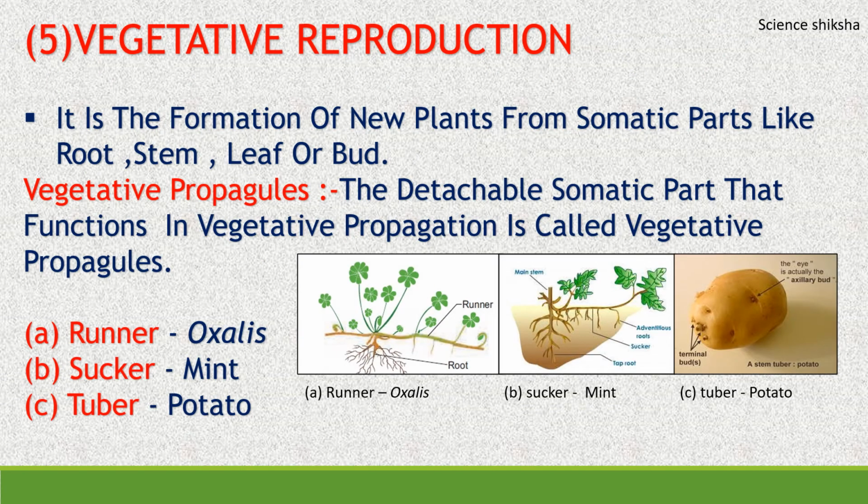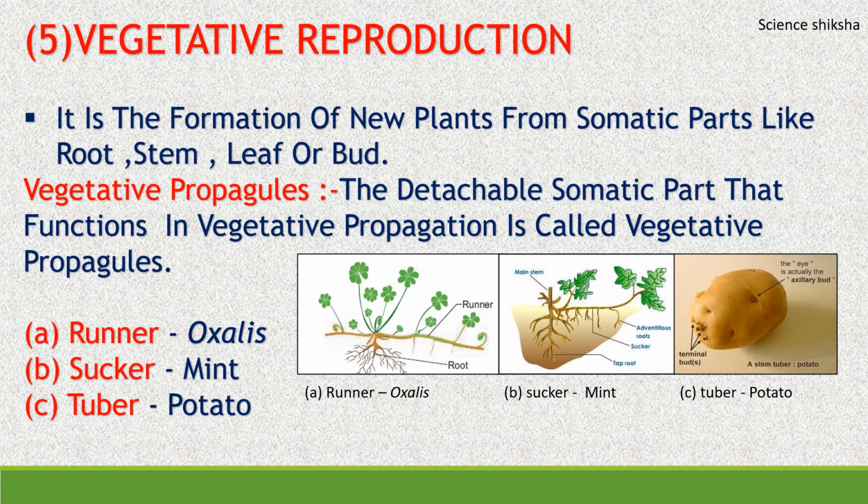Now the last type of asexual reproduction is vegetative reproduction. Vegetative reproduction is the formation of new plants from somatic or vegetative parts like root, stem, leaf or bud. In this case, the flower is not involved because it is a reproductive structure. So what are vegetative propagules?